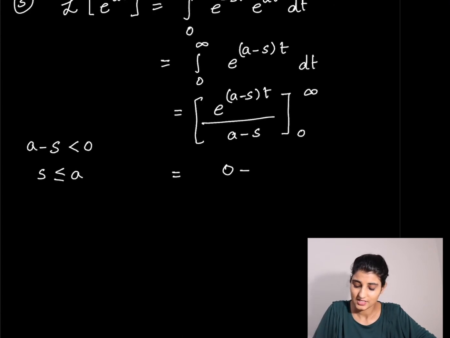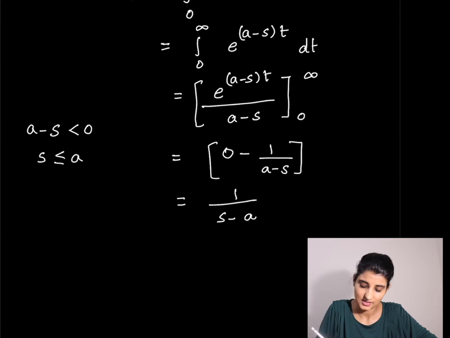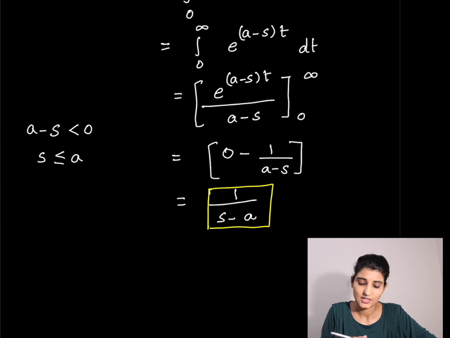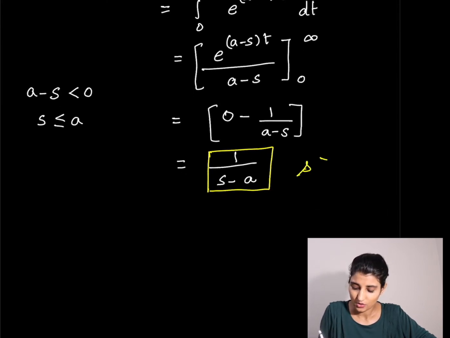Then if we substitute 0, our numerator will be 1 because e^0 is 1, divided by a minus s, which we can write as 1 over s minus a because we had a negative sign over here. So the Laplace transform of e^(at) is 1 over s minus a for all s greater than a. For other values, the integral diverges.